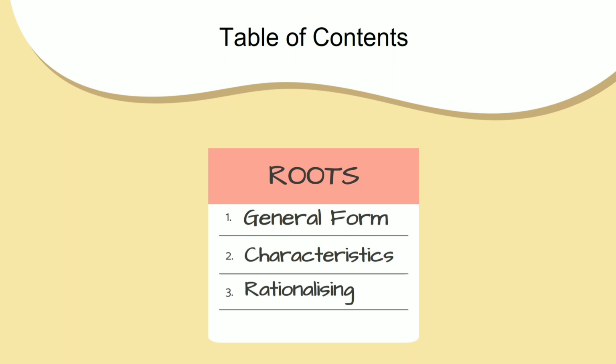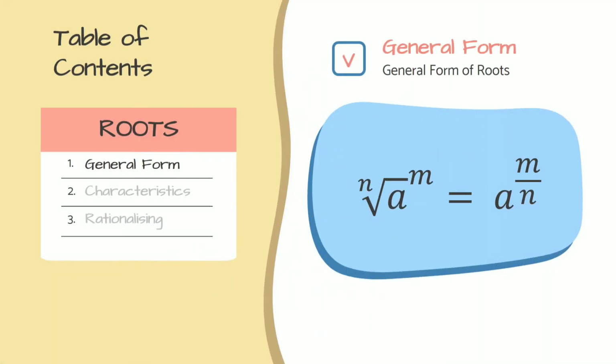So, let's move on to the first point. The first point is general form. This is the general form of roots. The nth root of a to the power of m equals a to the power of m over n.